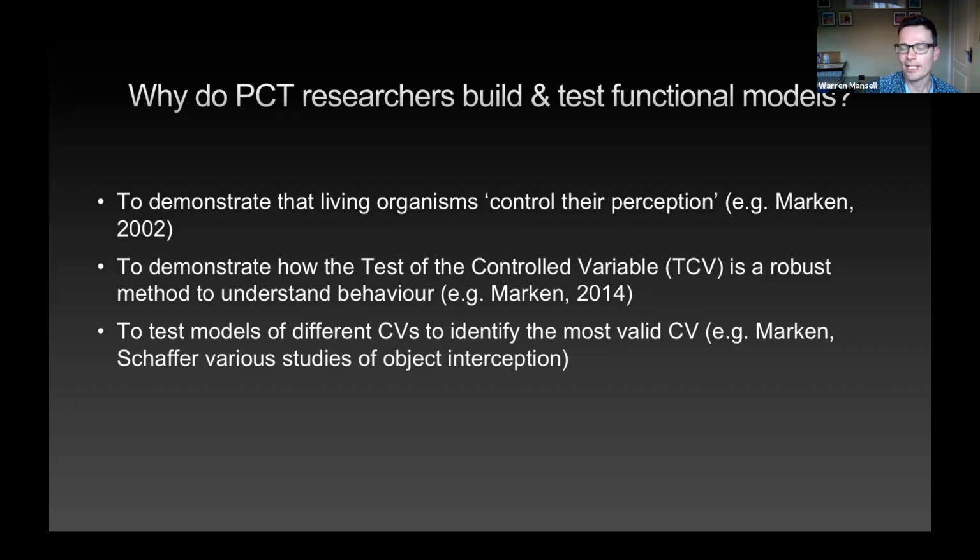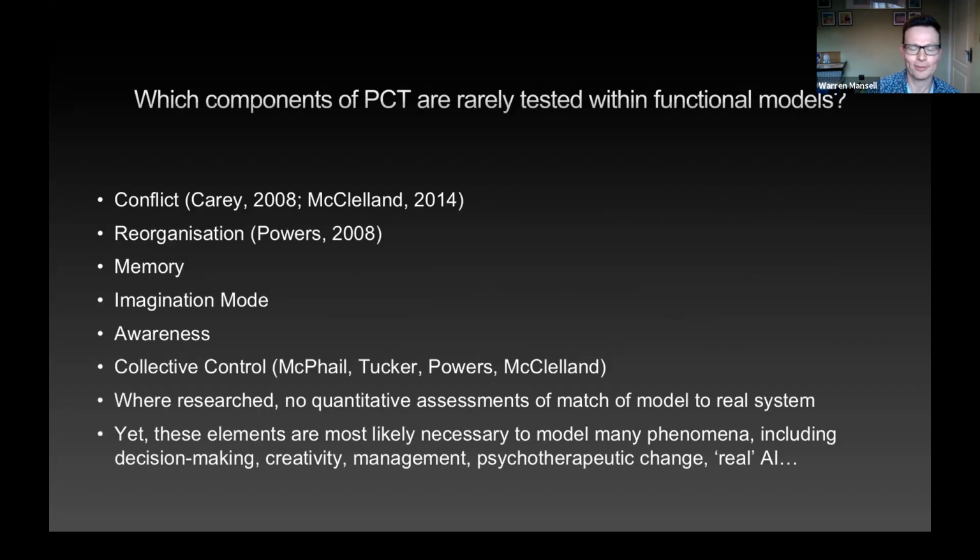And so those are important roles for functional models. Now, the question I want to ask is, does that necessarily map onto the purposes that mainstream researchers have for their goals? We'll come back to that.